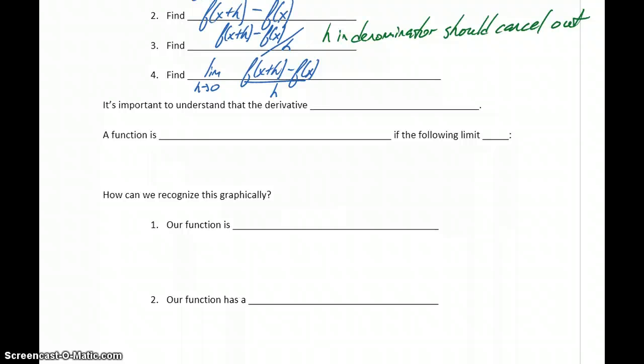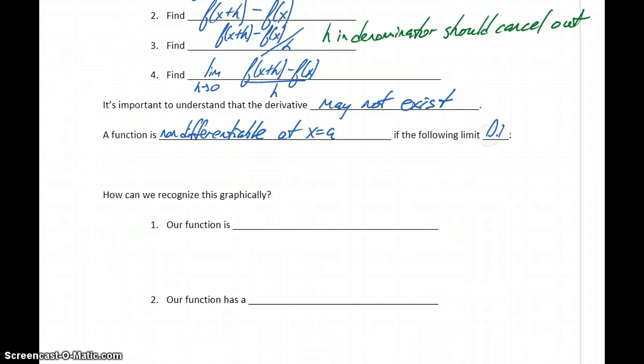So we have a definition for the derivative, but it's important to understand that the derivative for a function may not exist at one or more points. A function is said to be non-differentiable at a specific point, x equals a, if the following limit does not exist.